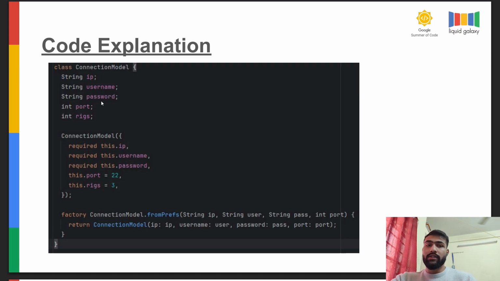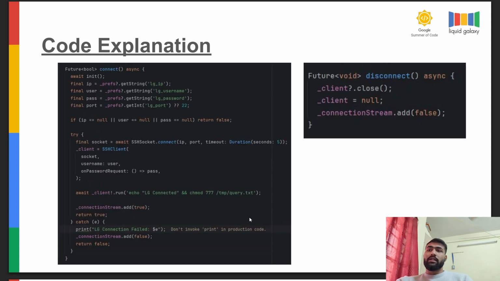By default, the port is 22, the SSH port, which is suitable for most Liquid Galaxy rigs. Then we have the minimum number of rigs as 3. It can be 5 or variable according to your system. Then we are also creating a factory to make the use case easy for the shared preferences.